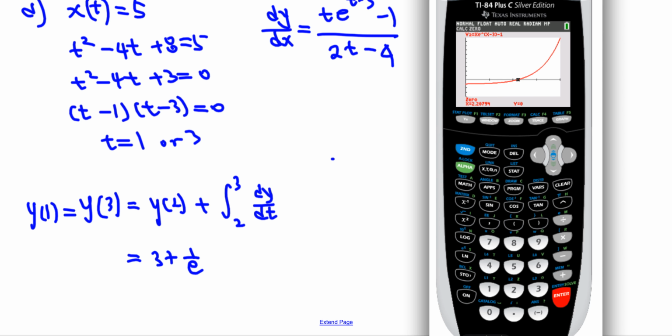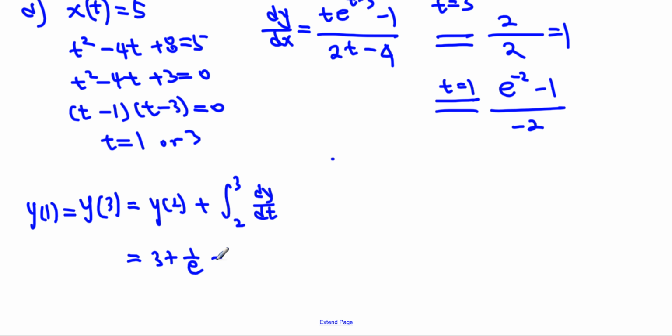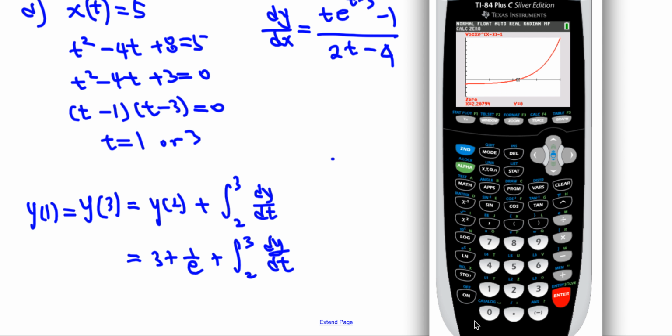I'm going to use the calculator to do that. dy/dt was the red one.